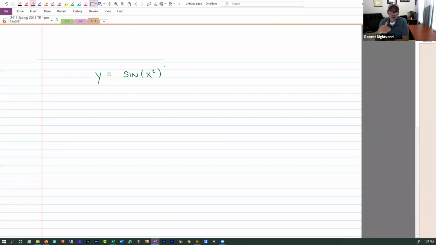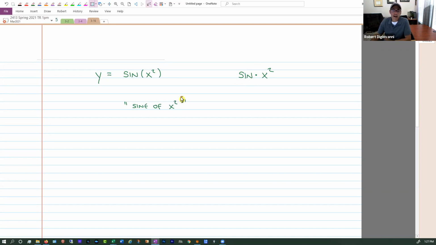What I want you to notice about this is that the x squared lives inside of the sine, right? This is not sine times x squared, right? That would make no sense. Like what's sine? Sine is nothing. It's sine of x squared. That's the way you'd say that. Sine of x squared.